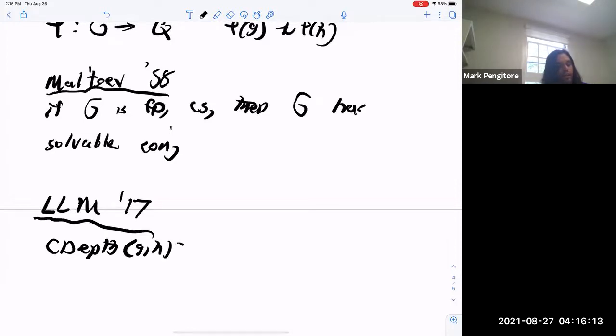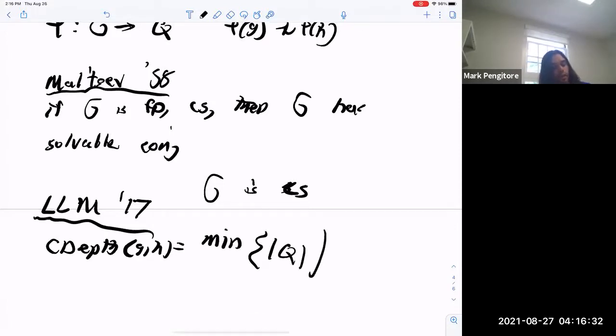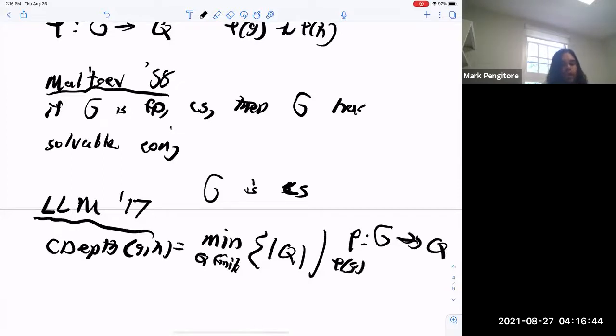Given two non-conjugate elements, and assuming your group is conjugacy separable, we want to look at the minimum over all finite groups Q where there's a surjective homomorphism to our finite group Q so that the two elements remain non-conjugate.